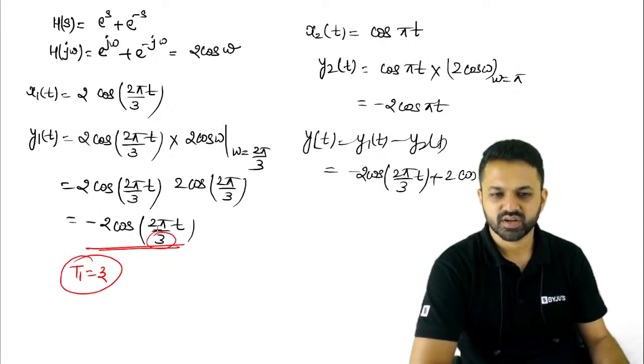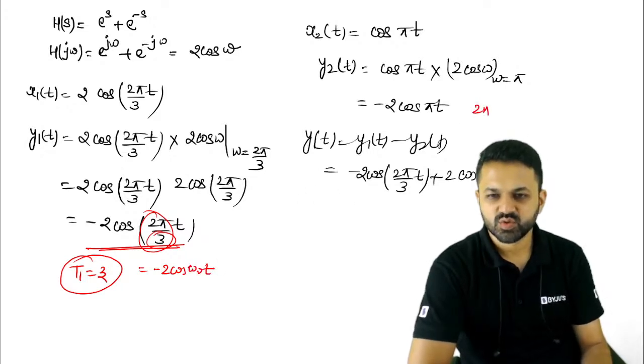So 2 pi by 3 is your omega naught. You can write minus 2 cos of omega naught t, and for the second term it is cos of 2 pi by 2, so the time period here will be 2.